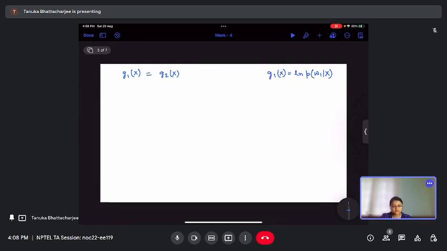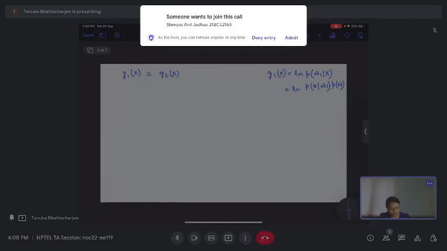The class which has the higher value of the discriminant function is the class in which you classify the feature vector. We also know by Bayes rule that we can write p omega 1 given x as p x given omega 1 into p omega 1 divided by p of x.